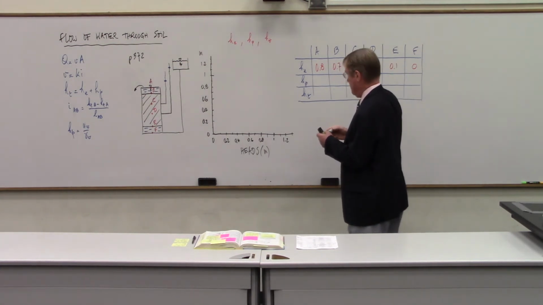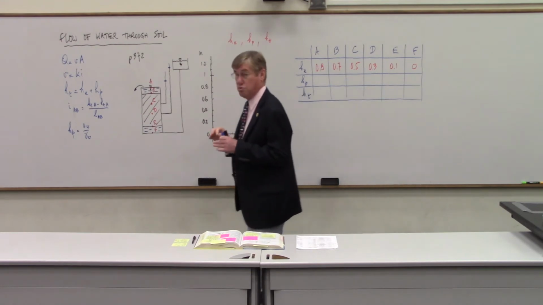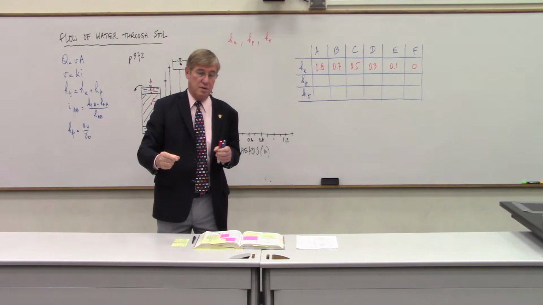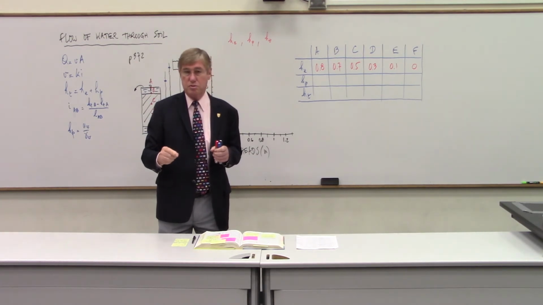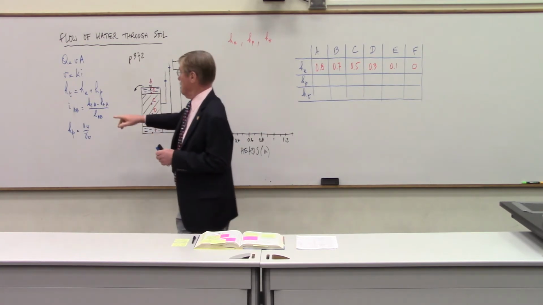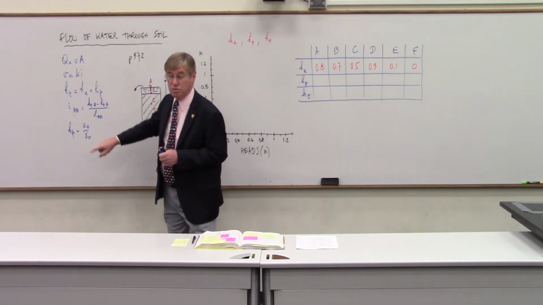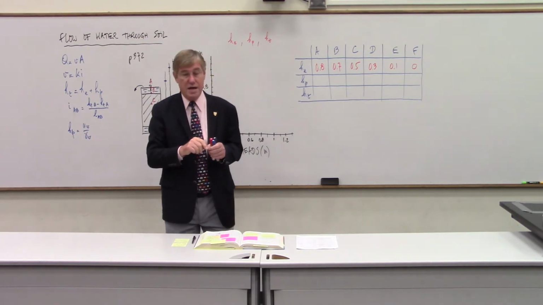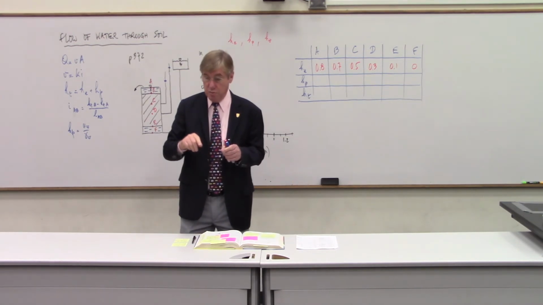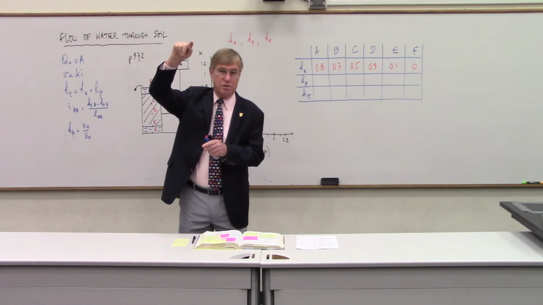Pressure head. Remember last time I said if you want to know the pressure head, you have to think of a pipe that is connected to the point where you want the pressure head. And that this pressure head is the water pressure divided by gamma W. So if you have a standpipe connected to that point, you just look where the water rises, and this minus that is the pressure head.